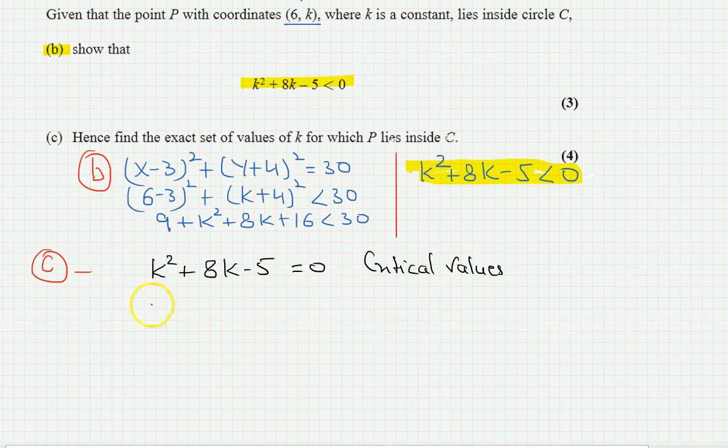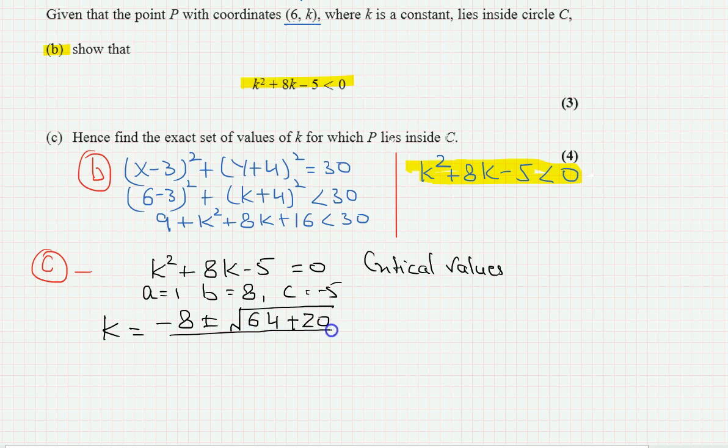So critical values will be, 5 times minus 5, so better we use the formula. a is 1, b is 8, and c is minus 5. So k will be minus b plus minus root of b squared, 64, minus 4 times a times c, that is 20, over 2a.